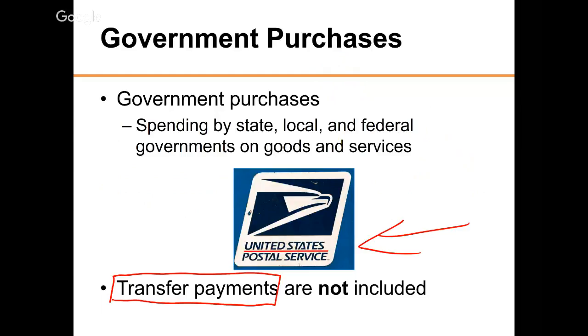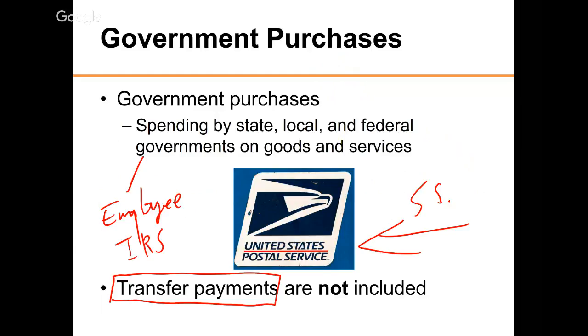Now, imagine that our government is hiring an employee in the IRS, the Internal Revenue Service. And then we also have, let's say, retired people receiving Social Security benefits. Now, for the IRS, the government's getting a service in return.